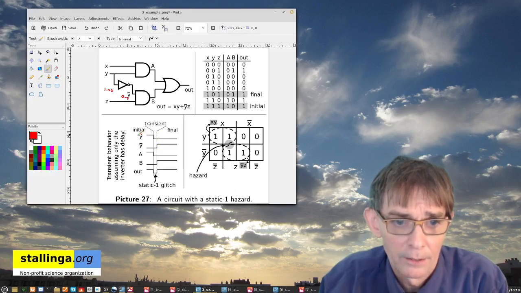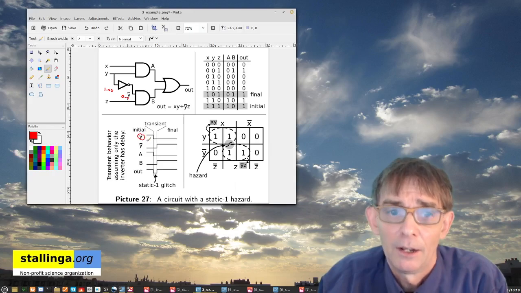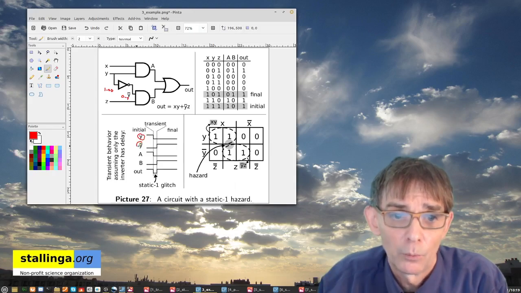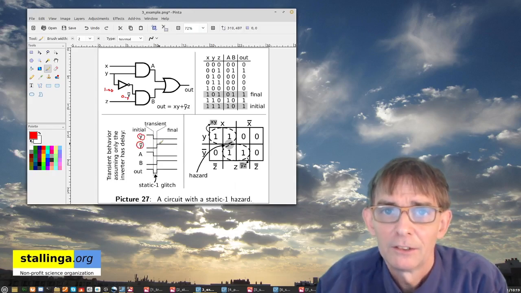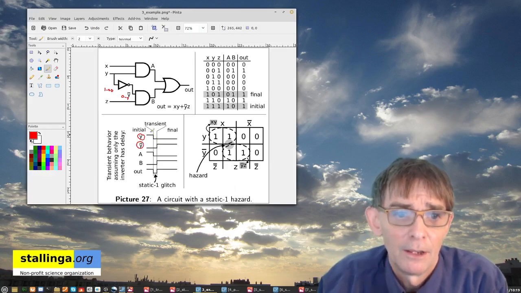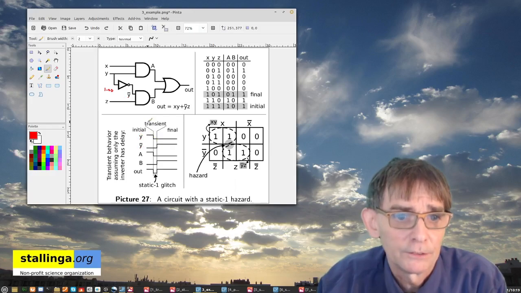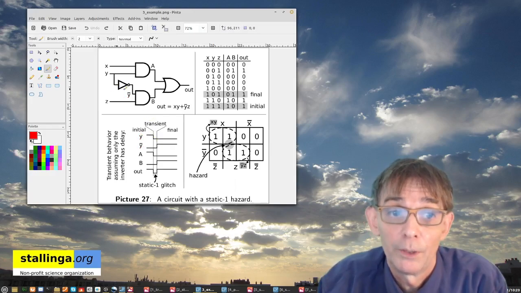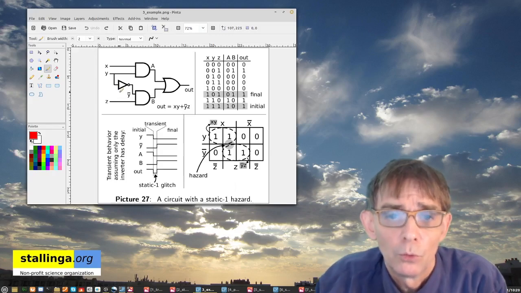So Y, it's shown here, is switching, and then not Y is just a fraction, maybe some picoseconds, later. So we can have a situation where we're getting a 0 here and also a 0 there, meaning that not Y is equal to Y.